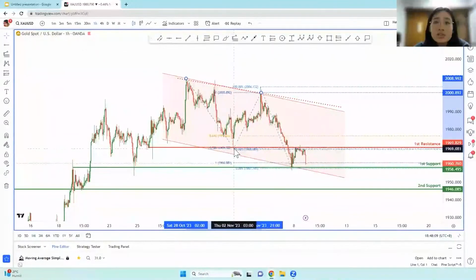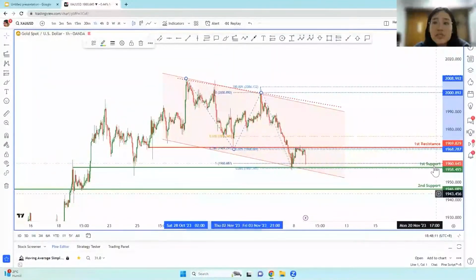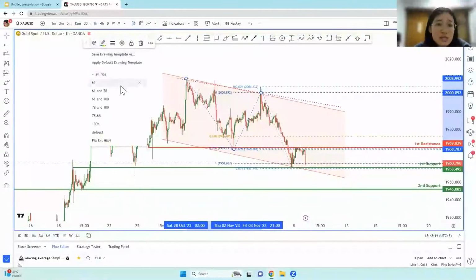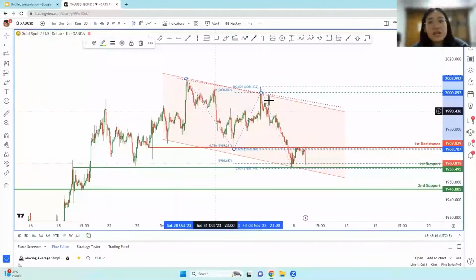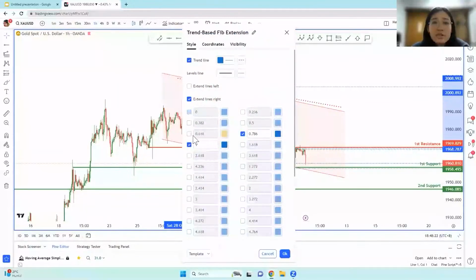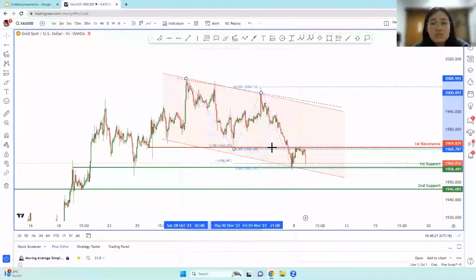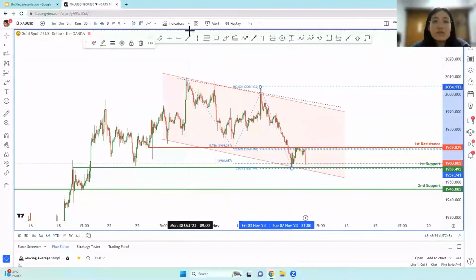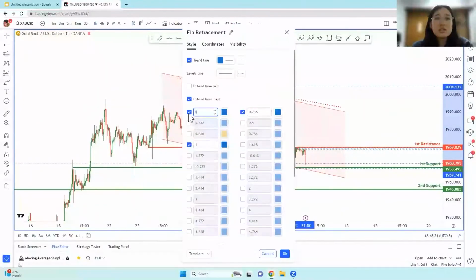I think my 100% also kind of lines up with my first support, because these don't necessarily have to line up exactly, since they're more so areas than levels. I like to get rid of the 0 and 100 if it's not necessary.